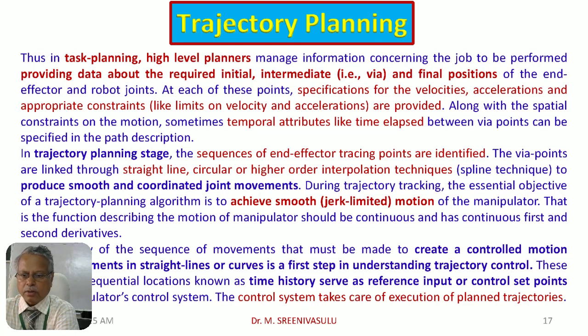Whatever mechanism you take up and apply, it should avoid jerk to the possible extent. Once you avoid jerk, there is going to be smooth motion, so there will be no shaking across the movement of your robot end effector, and oscillations also will not be there. You should ensure that such measures are taken.